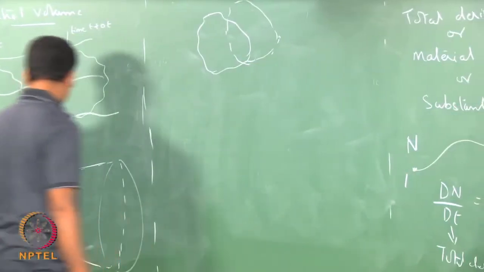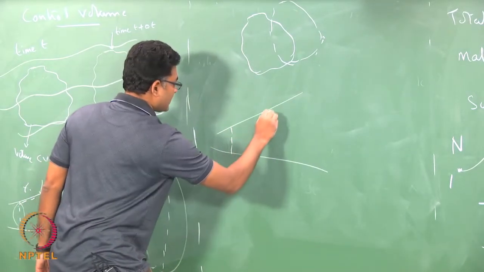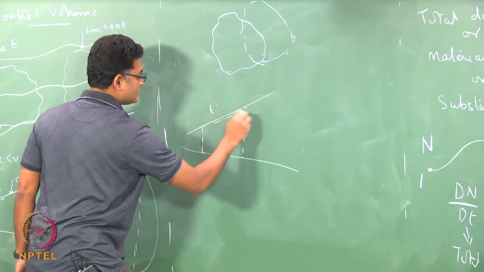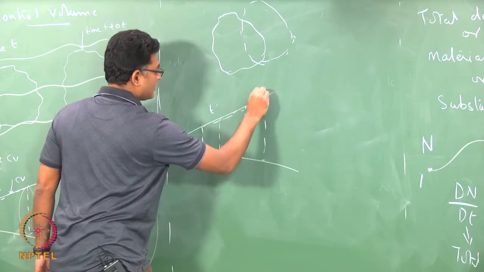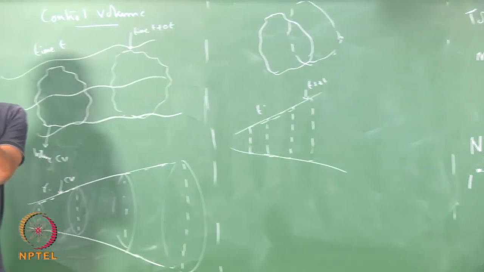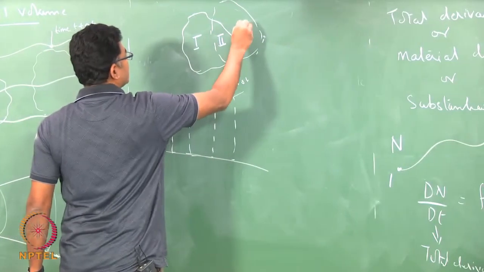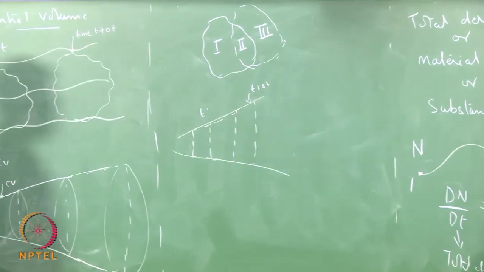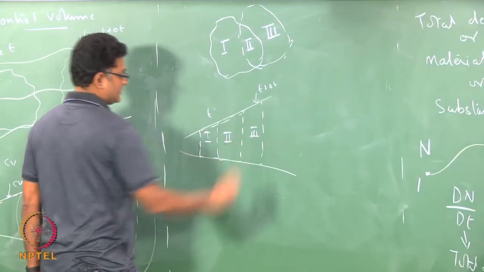If you look at it this way, my control volume here at time t has now moved to this position at time t plus delta t. So, essentially I have region 1, an overlap region 2, and the new region 3. Here again, region 1, overlap region 2, and region 3.